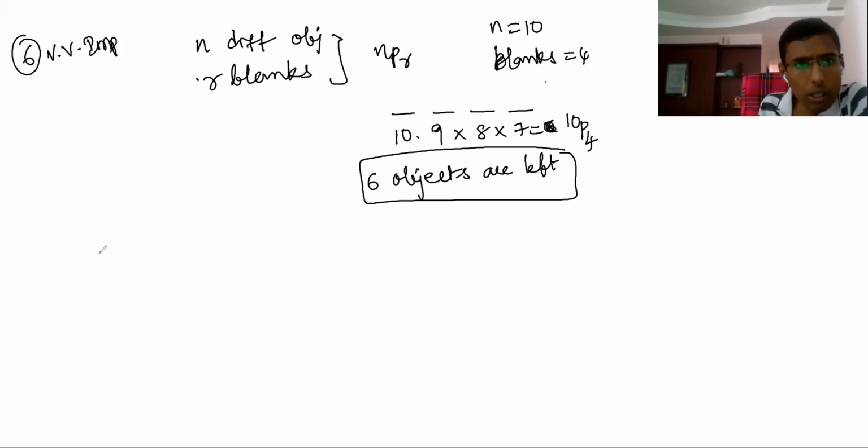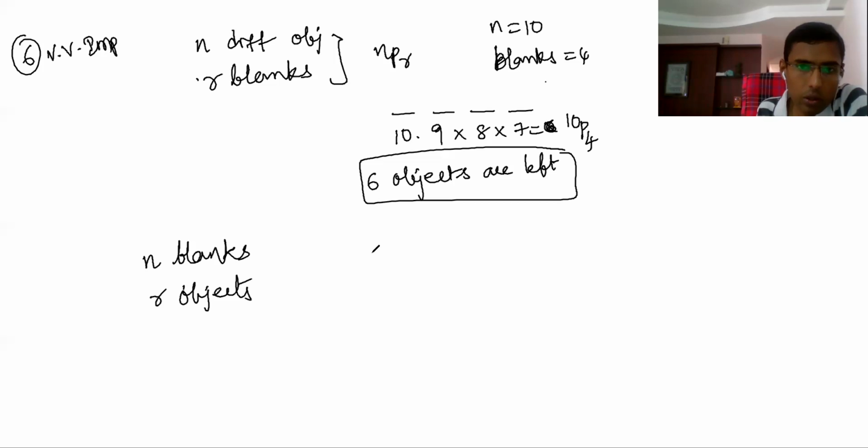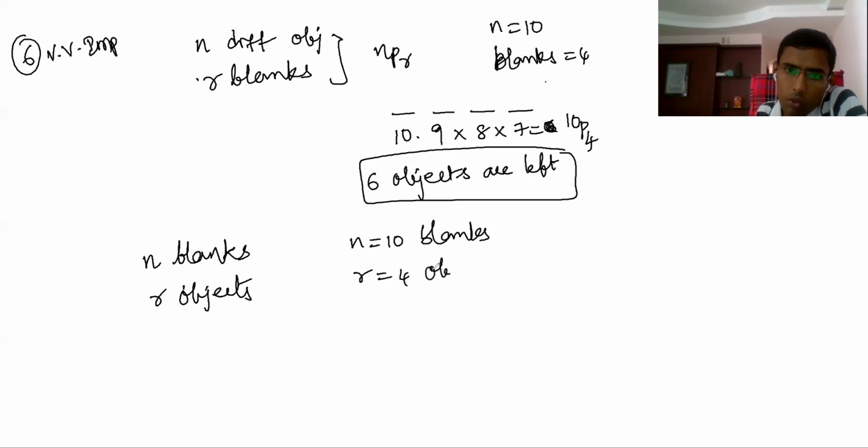But now let's say n blanks are there. Understand, n blanks are there, now r objects are there. Here n means 10 blanks are there, and what you have is r objects, let's say only 4 objects.